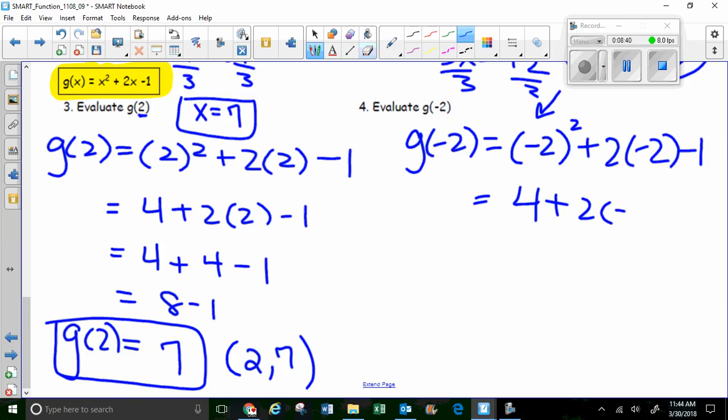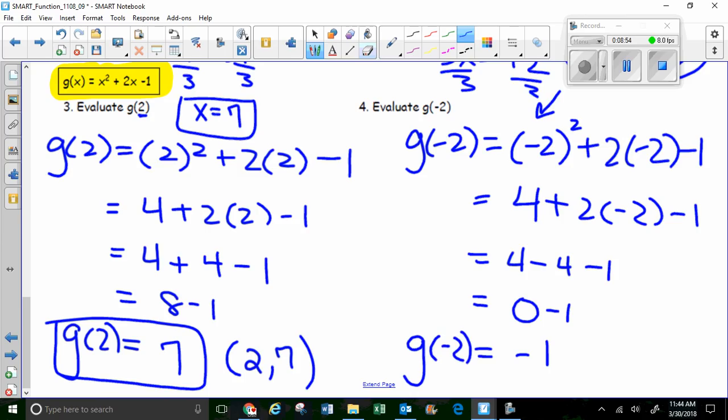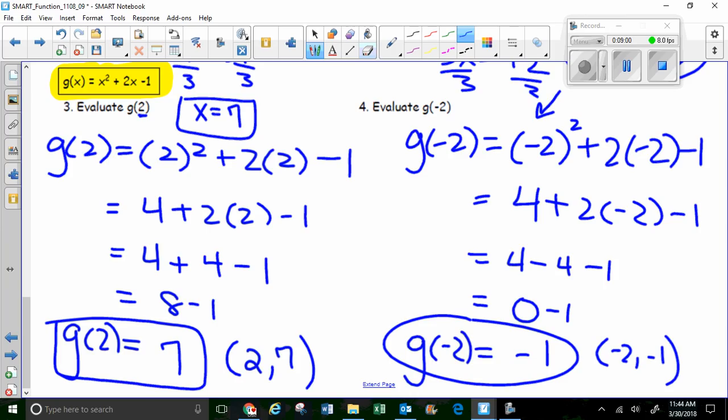Bring everything down. 2 times -2 is -4. 4 minus 4 is 0. 0 minus 1 is -1. So g of -2 equals -1, and the ordered pair would be (-2, -1). So it's really not bad, it's just a new notation. Really, you're doing the same stuff that you've always been doing, substituting values and simplifying.